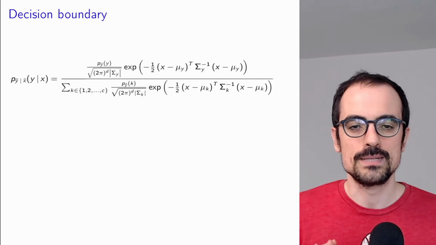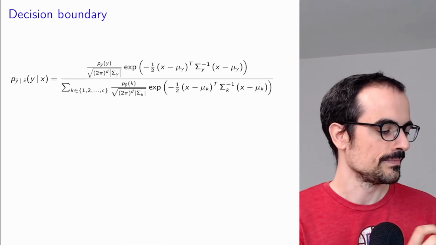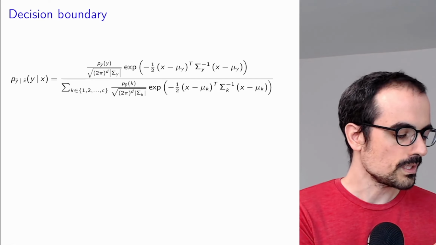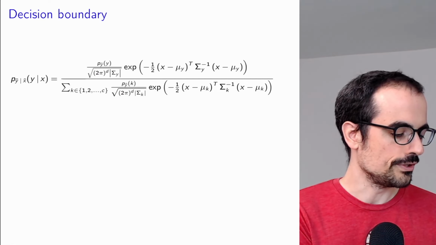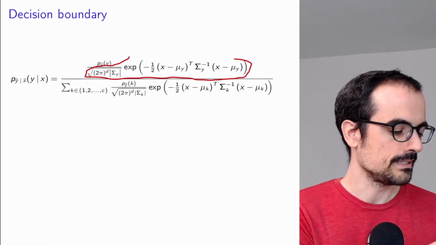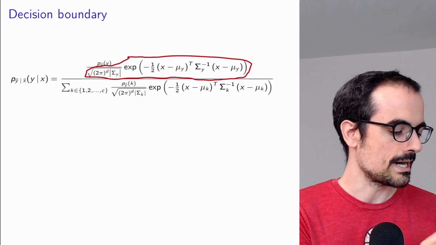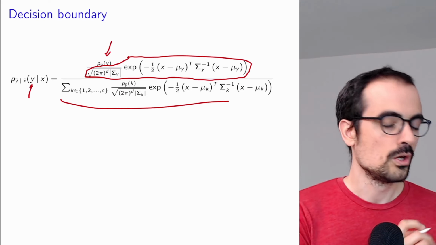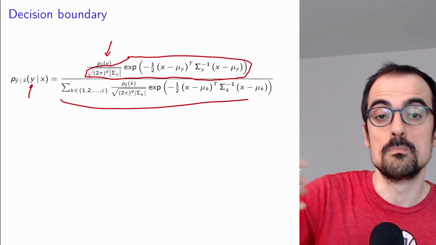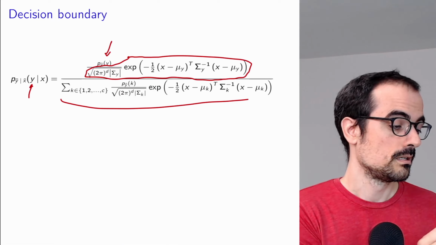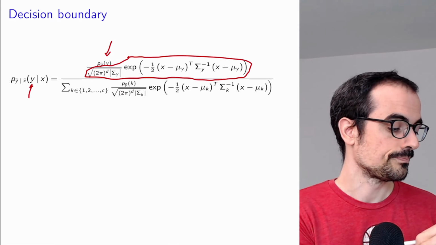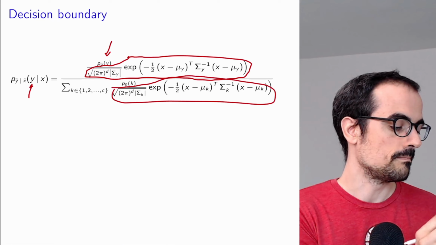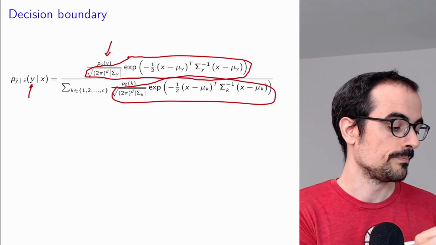Okay, this looks a little bit daunting, but let's parse it. Remember, what do we have here? This is the conditional PDF given the class Y. We multiplied by the marginal, and down here we have the marginal PDF, which is composed of all of these conditionals multiplied by the corresponding marginal.